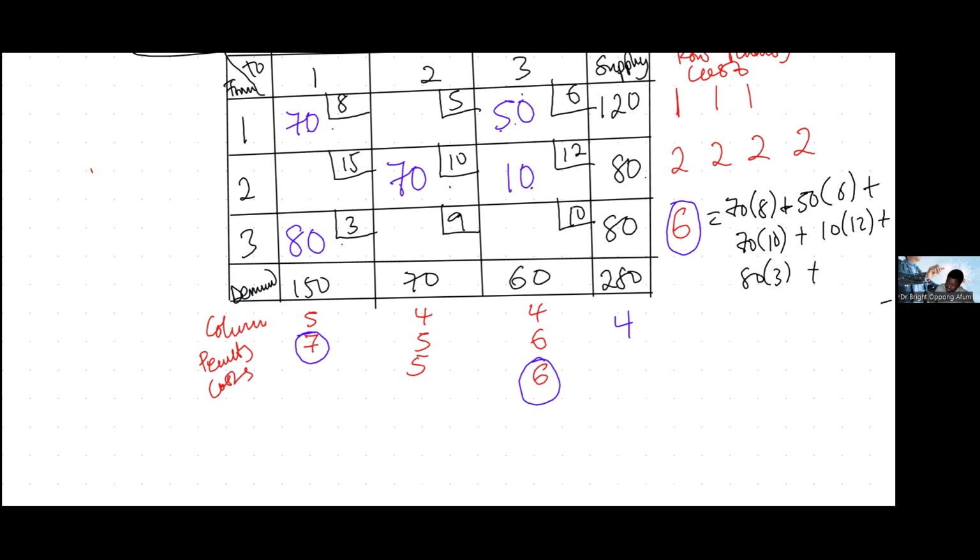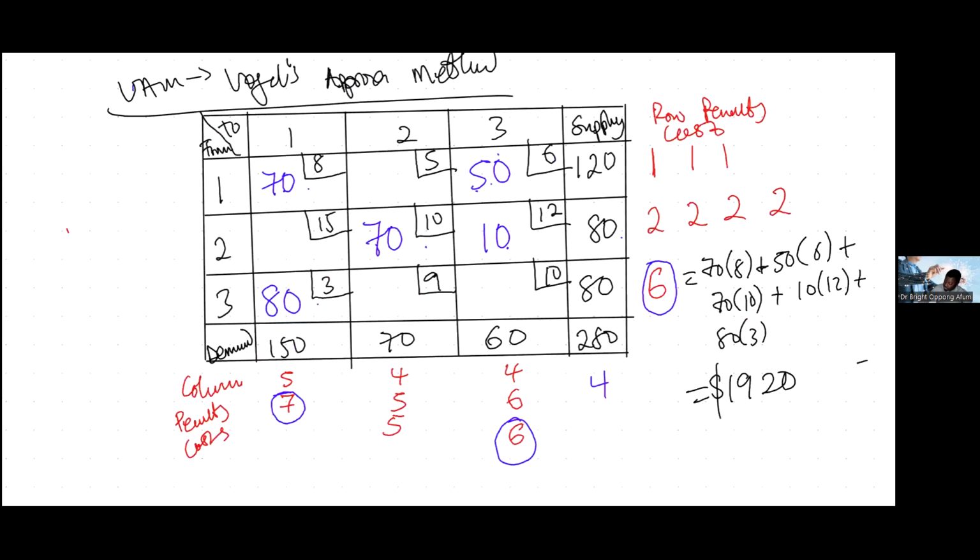Yeah, that's it. And this will give us 1920. Right. So you see that using the Vogel's, the minimum cost is 1920.